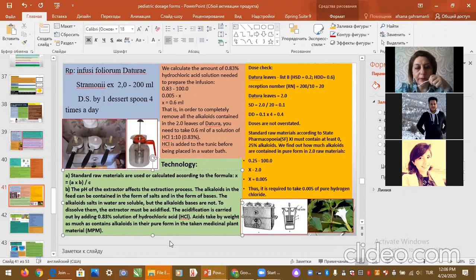If you remember, the alkaloid salts in water are soluble, but the alkaloid bases are not. To dissolve them, the extractor must be acidified. For this, a 0.83% solution of hydrochloric acid is used, by weight as much acid as the alkaloids contained in pure form in the taken medicinal plant material.